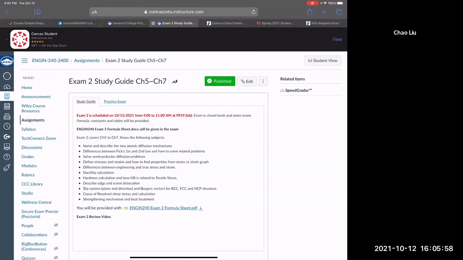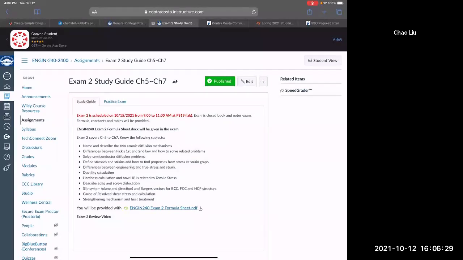The tensile test is the one that you should spend more time looking at. Definitely, you're going to have one problem about the stress and strain curve. I will probably just give you a curve and ask you to identify several things. Sometimes I might give you some information that you have to use with the graph to solve the problem. You need to know how to find the Young's modulus, which is the slope of the linear region.